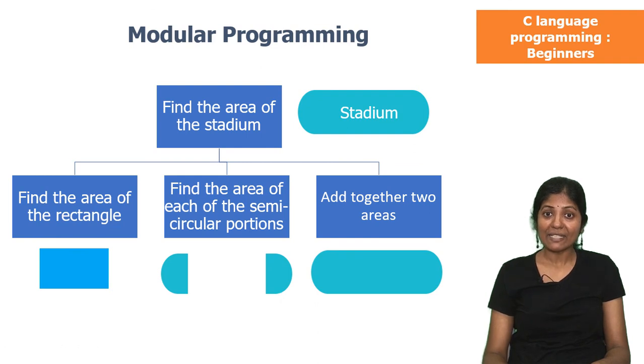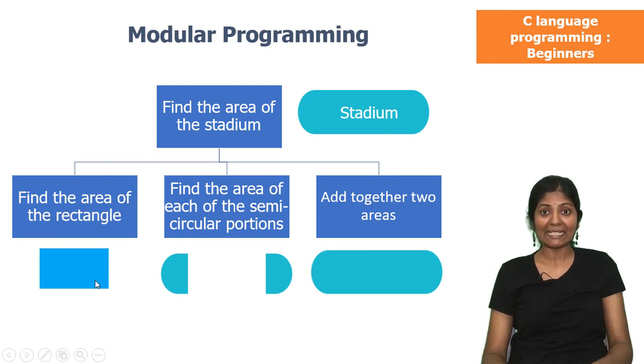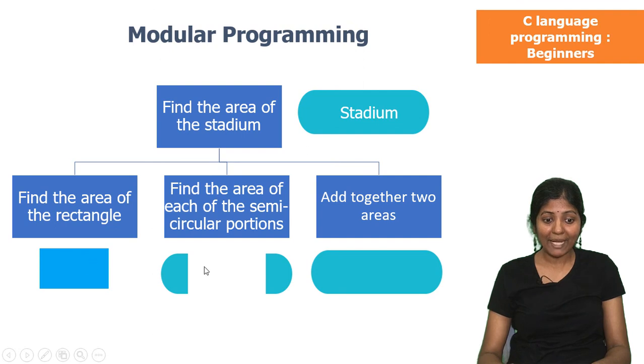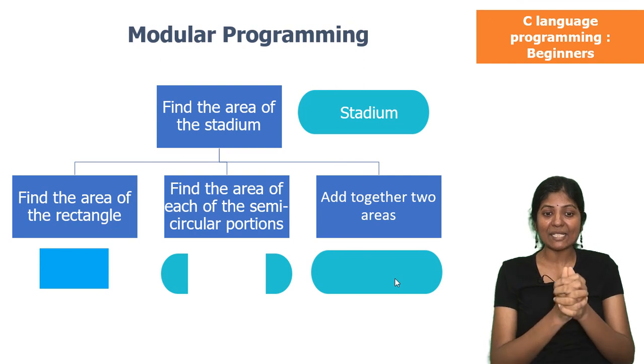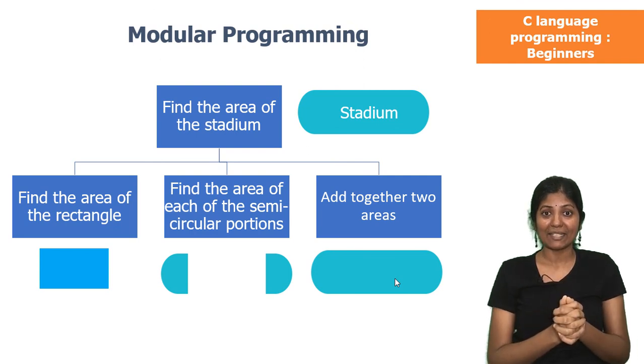First, we will calculate the area of the rectangle. After that, we will calculate the area of these semicircular portions. Then, after that, we will combine these two to get the area of the entire stadium. This is called modular programming. We can achieve this modular programming using the concept of functions.